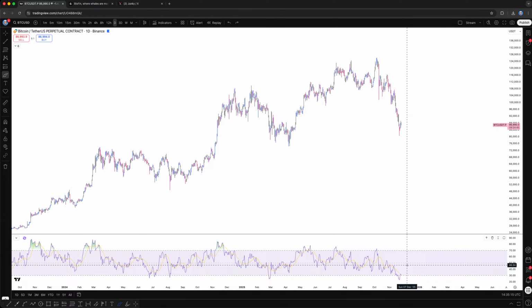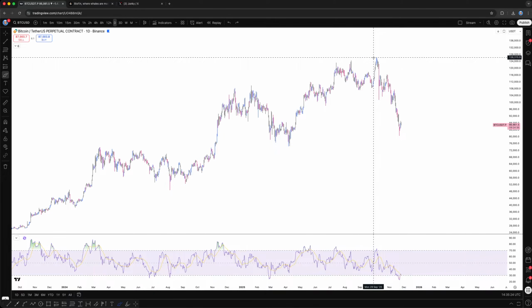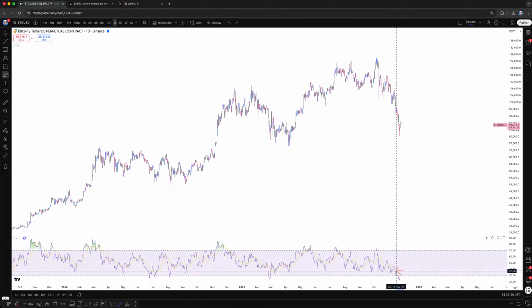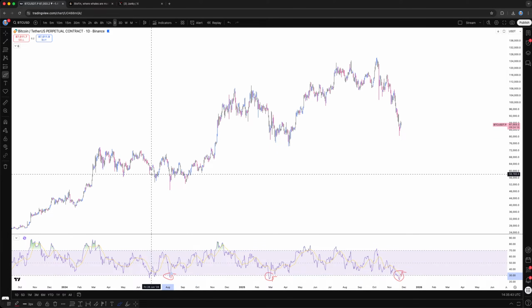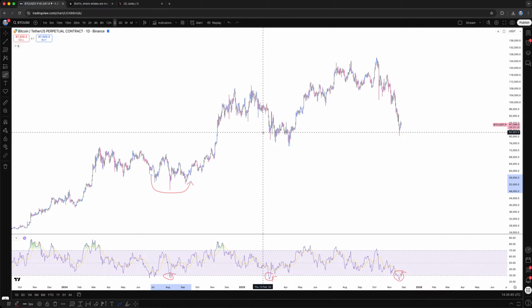The other important part to note is that RSI has been reset pretty deeply on this drop from 126 to 80k, 36% if I'm not wrong, and we are trading again in oversold territory, as you can see here, as we were doing more or less all the time when we form potentially a high time frame lower high.